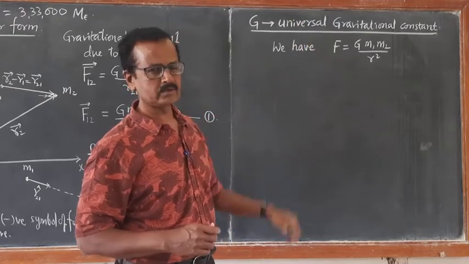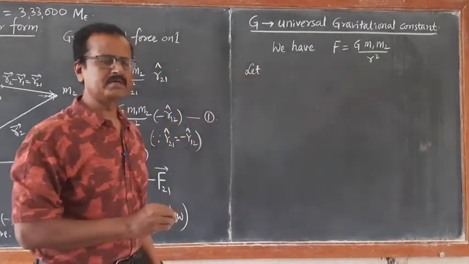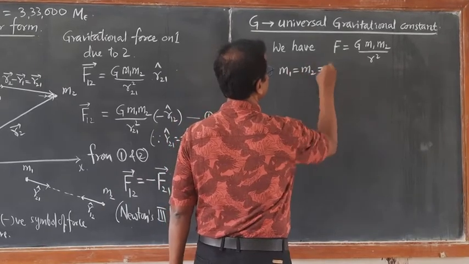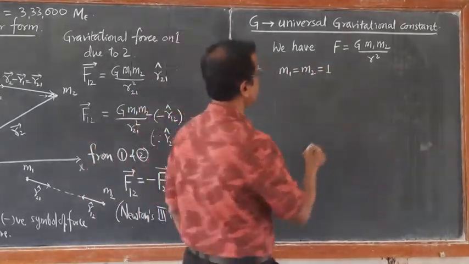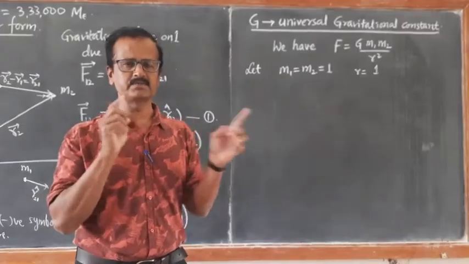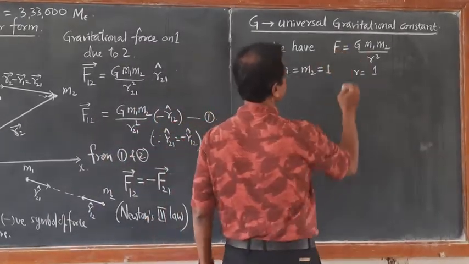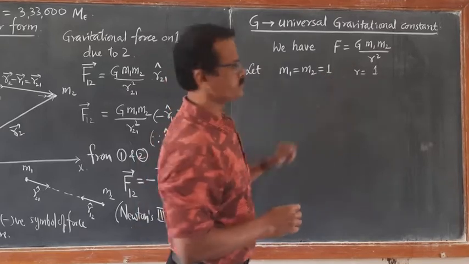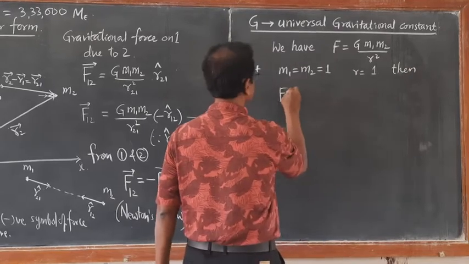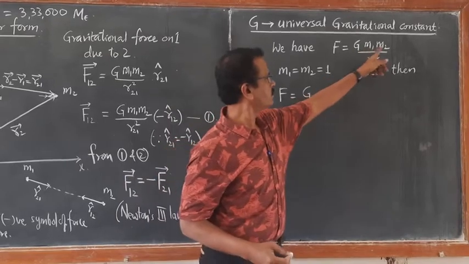How to find out gravitational constant? Let both the masses be of the same value, unit masses. Let m1 equal to m2 equal to 1, say 1 kg, and the distance of separation between them be 1 meter. So if you substitute in this equation, which is nothing but the equation of Newton's law of gravitation, F is equal to G into 1 divided by R square, 1 divided by 1.